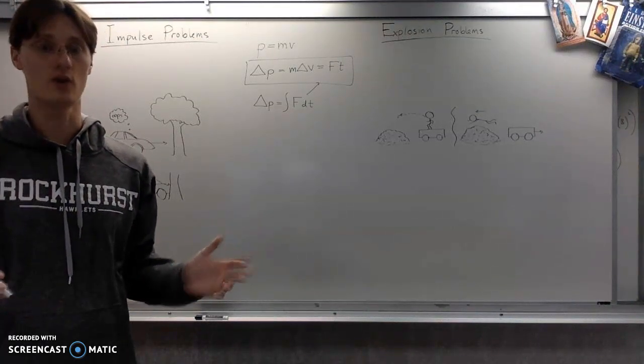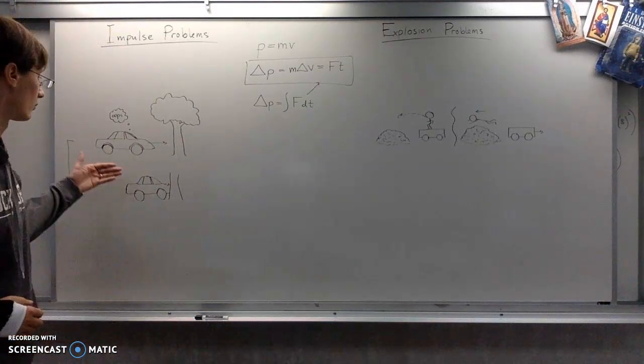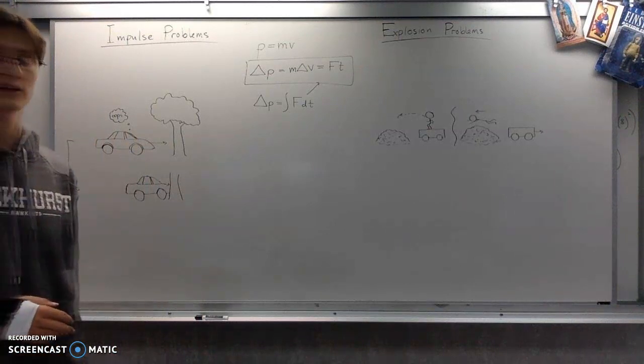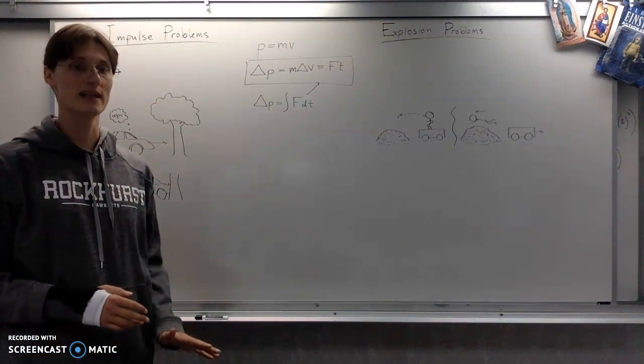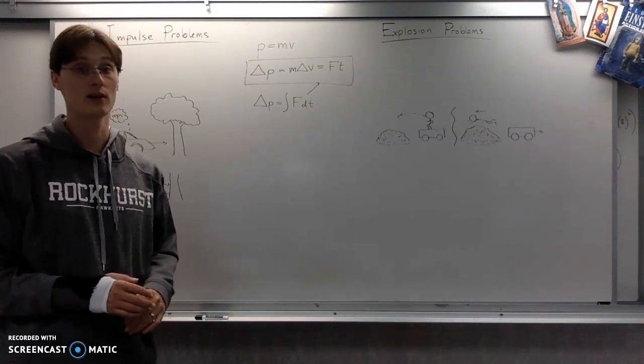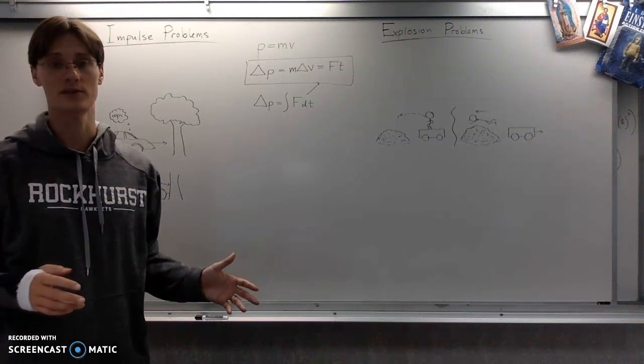Momentum is actually always conserved, even when you do something like run into an immovable object like a tree. If you want to understand why, it has to do with the whole Earth technically being part of the system that you exist on.